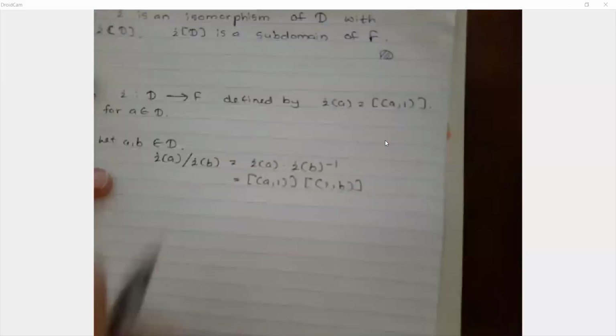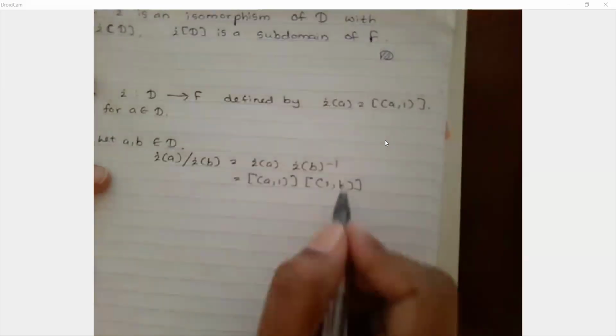Now go back to this one. B1 is not the additive identity. In that case, we say that its inverse exists.